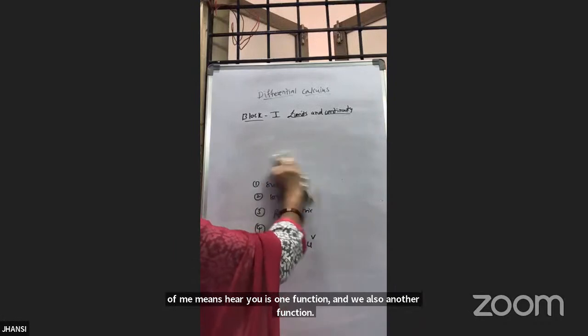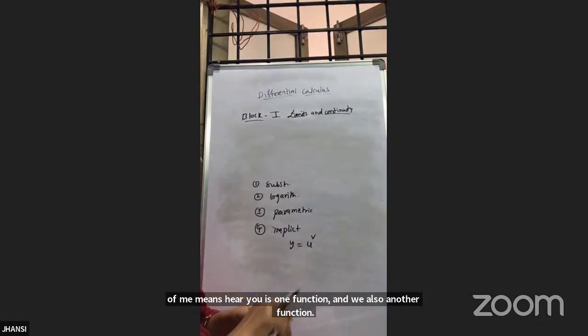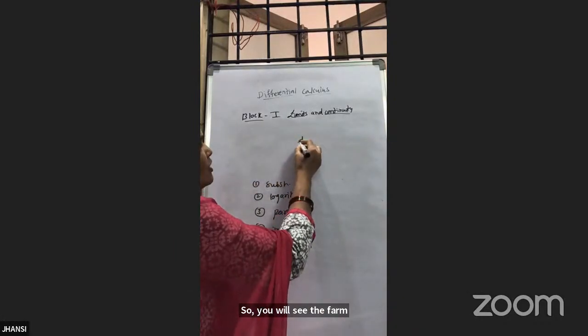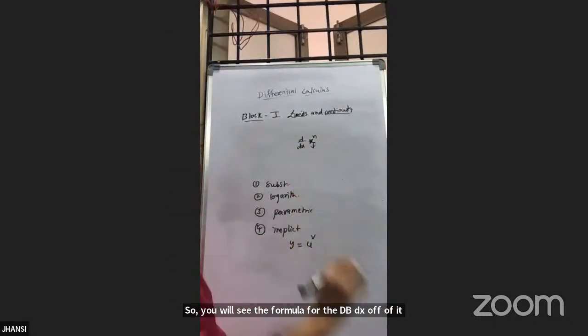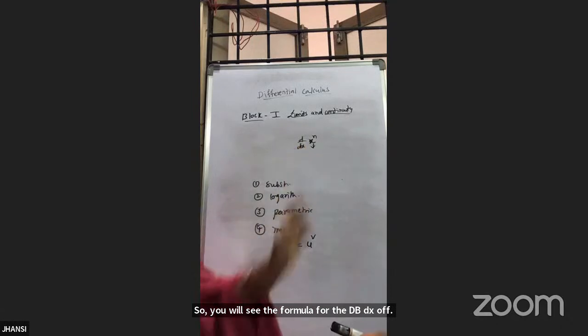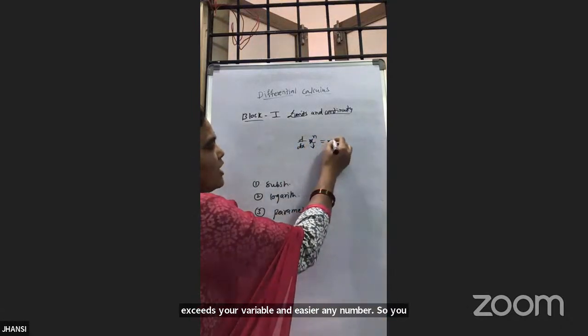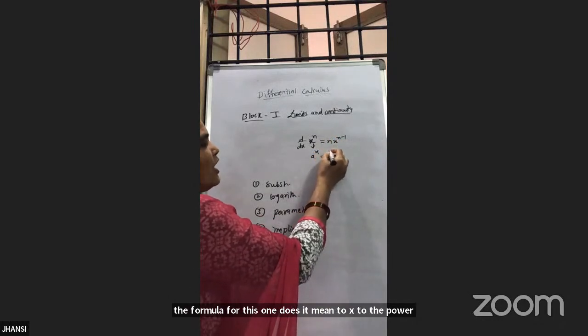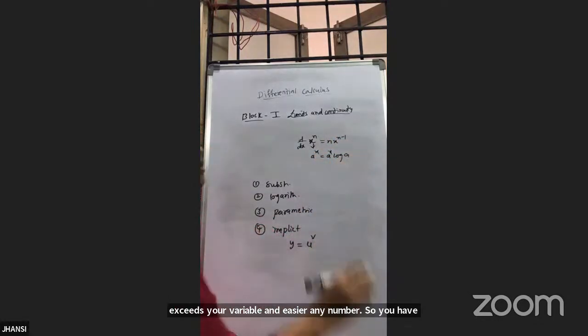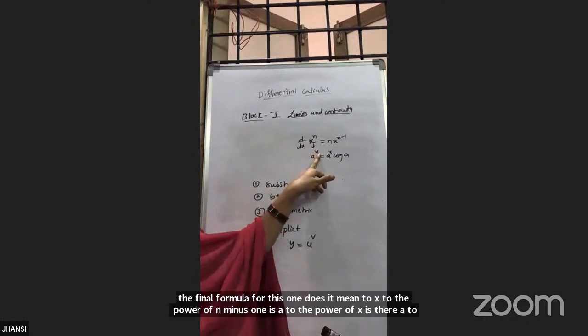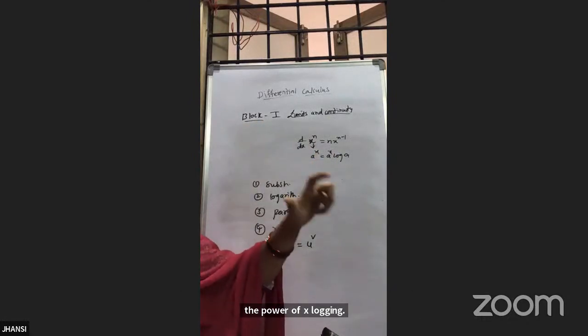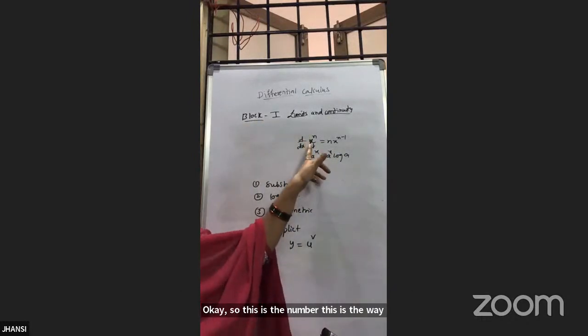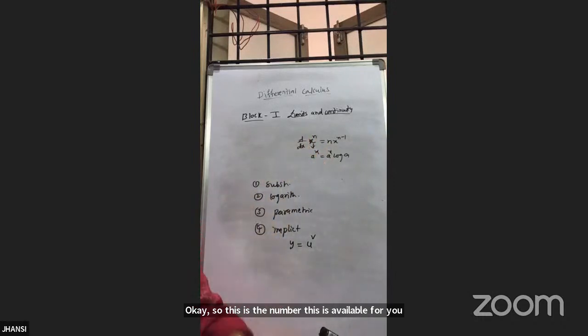If you see the formulas, d by dx of x to the power of n, where x is the variable and n is any number, the formula is n into x to the power of n minus 1. If a to the power of x is there, the derivative is a to the power of x log a. So you have the differentiation formulas for x to the power of n and a to the power of x.